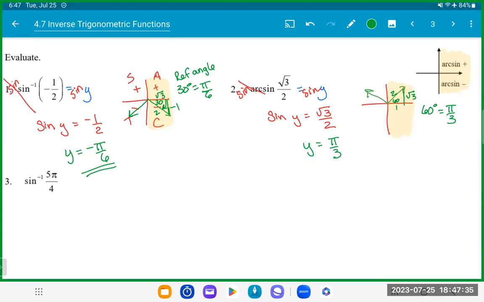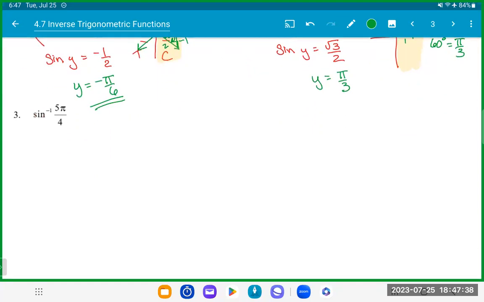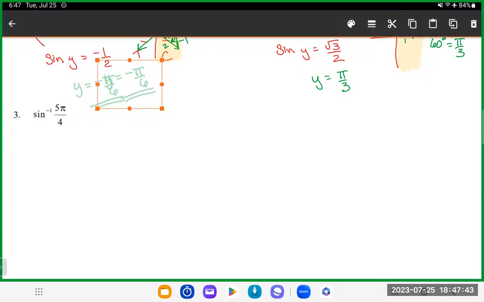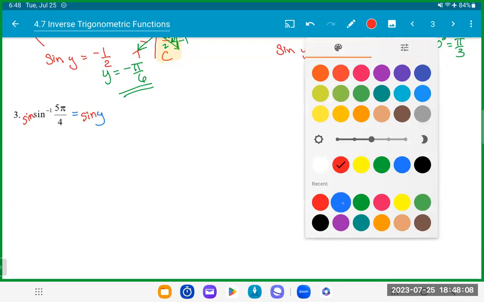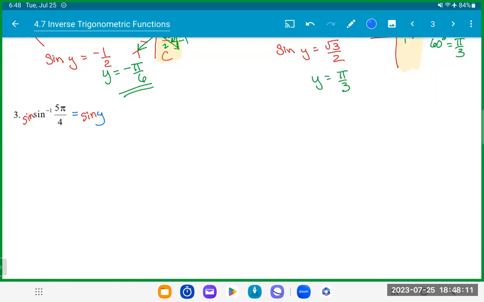And so then let's look at this last one here, on the signs, right? If we are looking at this one, that equals our y. Taking the sine, those will cancel.